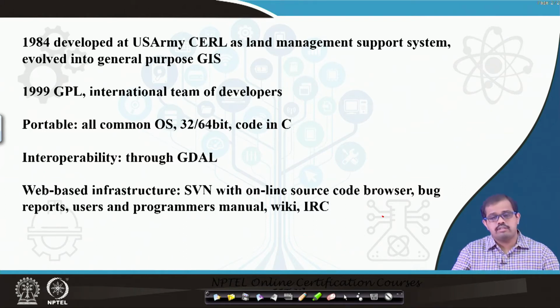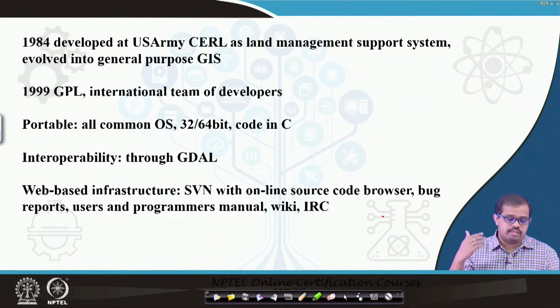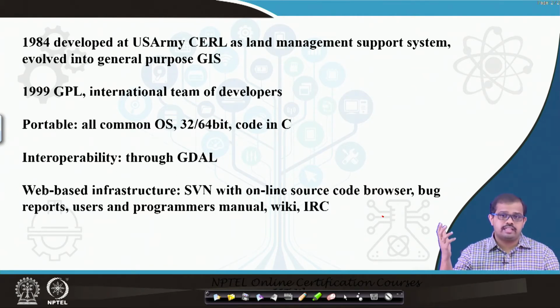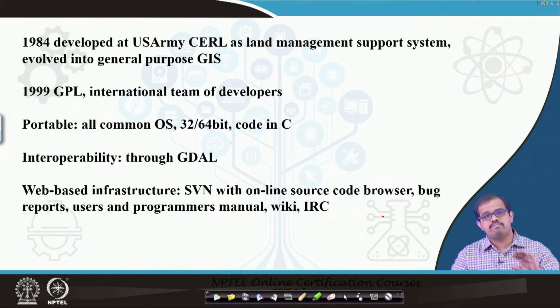And more importantly, in today's scenario, you need something that is a web-based infrastructure. So it supports SVN and an online source code browser, with bug reports, users and programmers manual, wiki, IRC, etc. So you have a web-based infrastructure that is already there, a community of users who are actually looking at it, the source code that is available, and most importantly any bug that is reported is addressed in a phased manner, very fast.